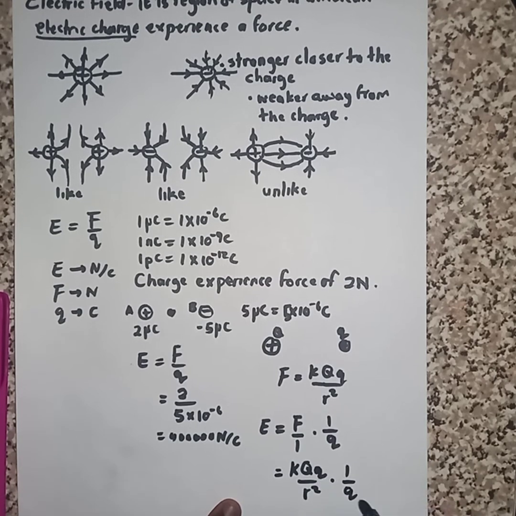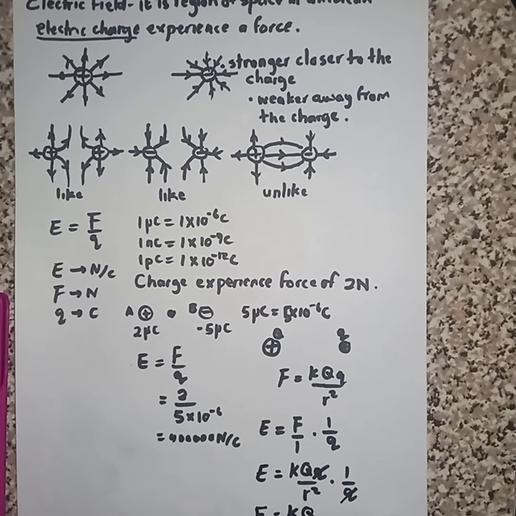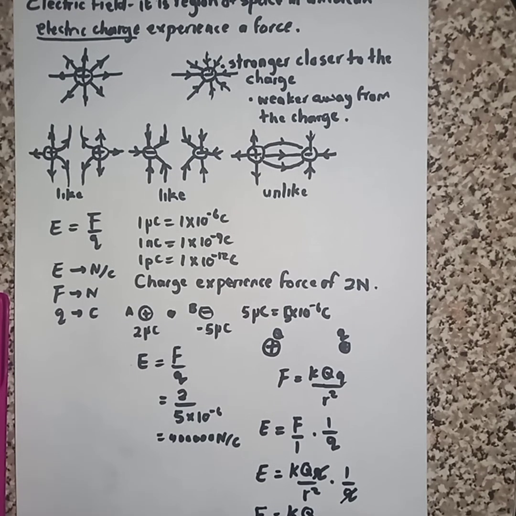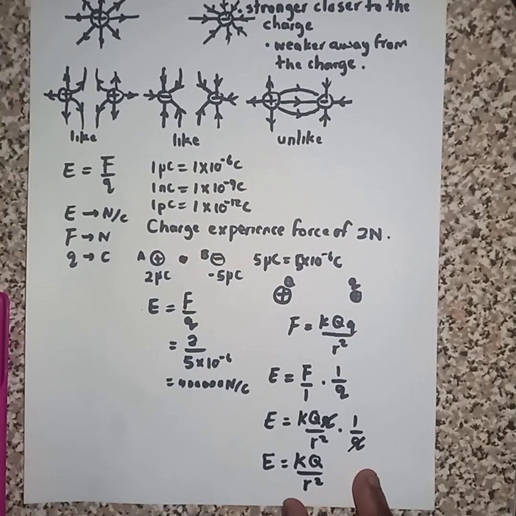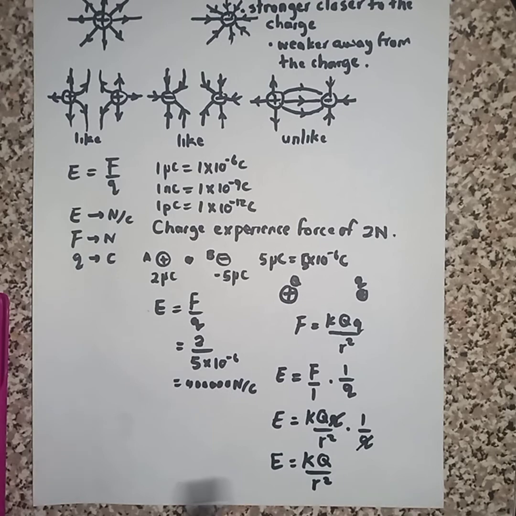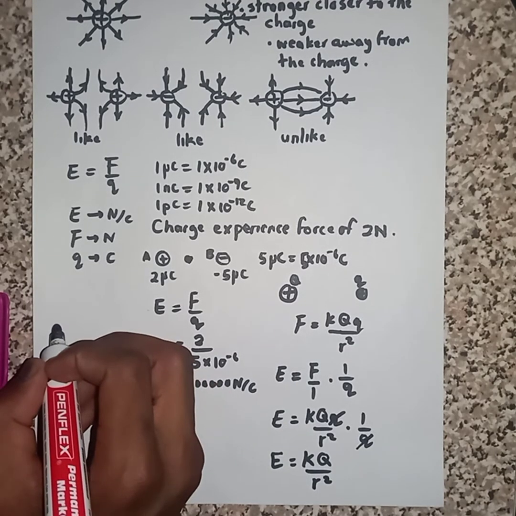Do you see q and q will cancel each other? This one will cancel this one. Then at a distance, we are going to calculate using this formula. If we have a certain distance, then we are going to calculate using this formula.